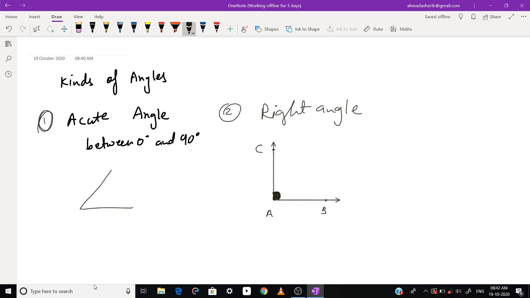Now let us study the third type, which is the obtuse angle. So what is an obtuse angle? An angle that lies between 90 degrees and 180 degrees is called an obtuse angle, and it looks like this.